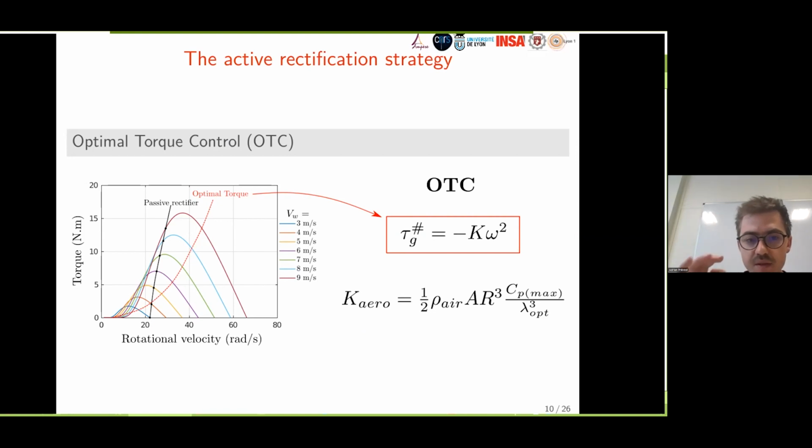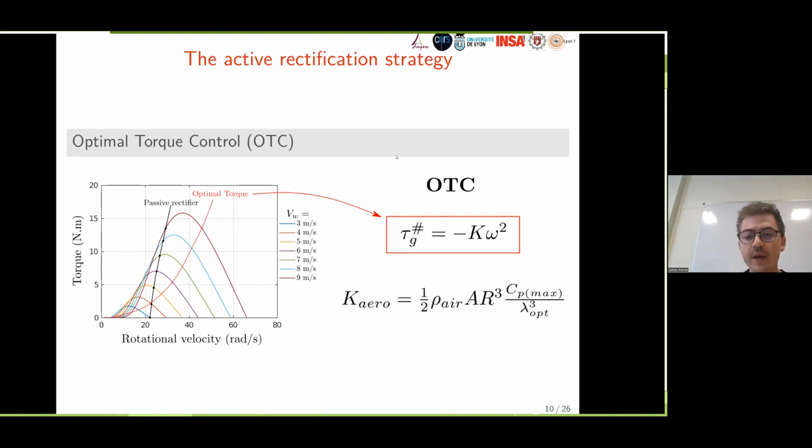And this particular law has very powerful convergence properties, which is very good for big wind turbines, but also small wind turbines. It enables smooth shaft loads, which is very important to limit the fatigue of the wind turbine.